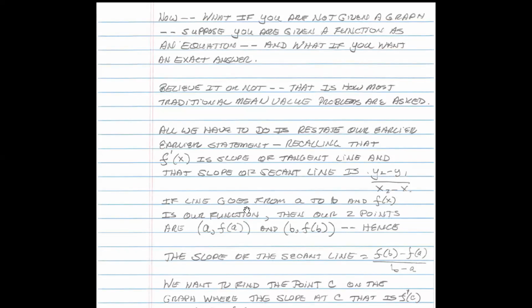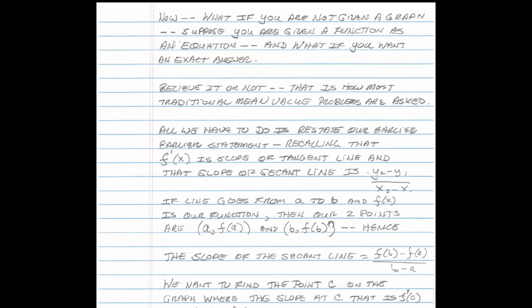Now we're taking 2 points from A to B. So if we have a function, then at A, the y-coordinate is f of A, and at B, the y-coordinate is f of B. So we can rewrite this y2 minus y1 is f of B minus f of A over B minus A. So here's another way of writing this.